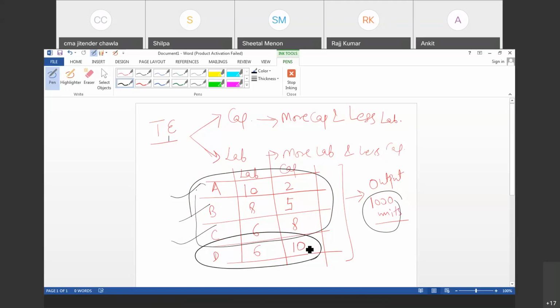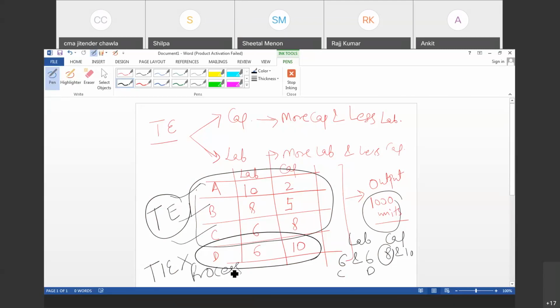I'm getting one answer: sir, D will not be used at all. Why? Because labor is 6 in both C and D, but capital use is 8 in one and 10 in the other. We choose 8. So all these are technically efficient, but this one is technically inefficient. Which one? Process D. I think I made my sense clear.